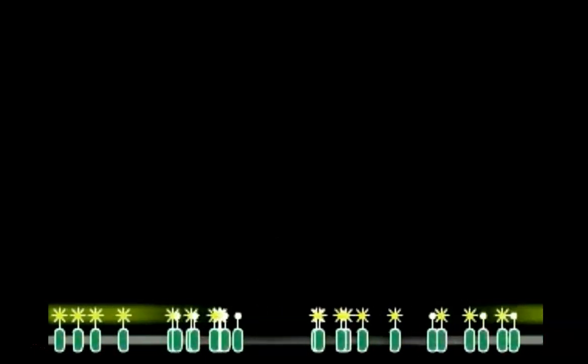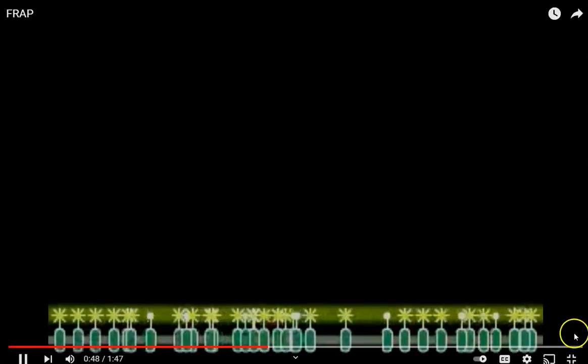Those membrane proteins that are not anchored and therefore can diffuse in the plane of the membrane quickly exchange places with their neighbors and fill back in the bleached area. From the rate of this fluorescence recovery, the diffusion constant of the protein can be calculated.